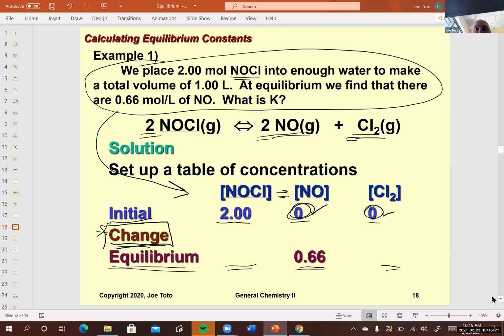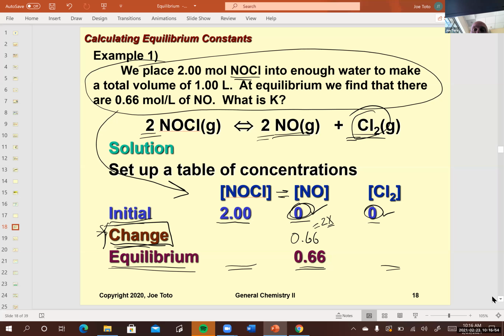So I know its change must be 0.66. And I know that that equals 2 times some value, where X would be the value of the change associated with any of the reactants or products with a stoichiometric coefficient of 1, which in this case is this one.